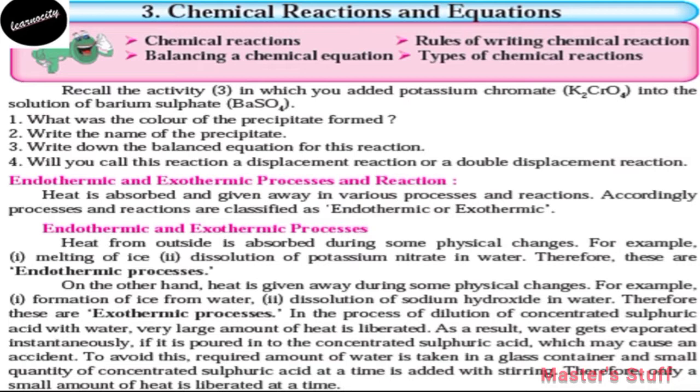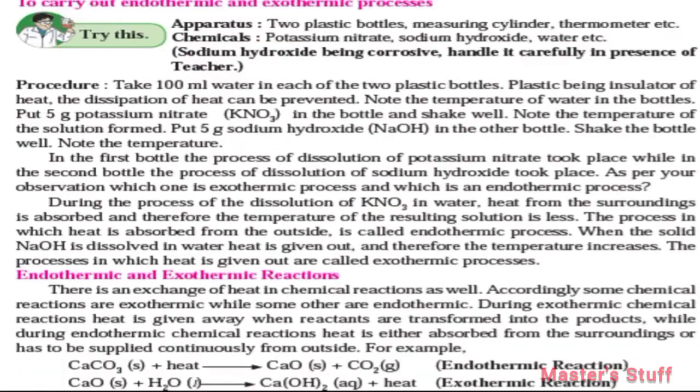Now, let's carry out endothermic and exothermic processes. Follow the procedure. Take 100 ml water in each of two plastic bottles. Plastic being an insulator of heat, the dissipation of heat can be prevented. Note the temperature of water in the bottles.